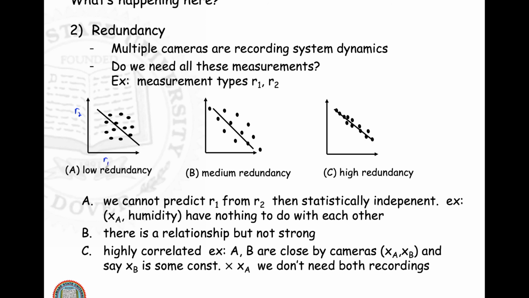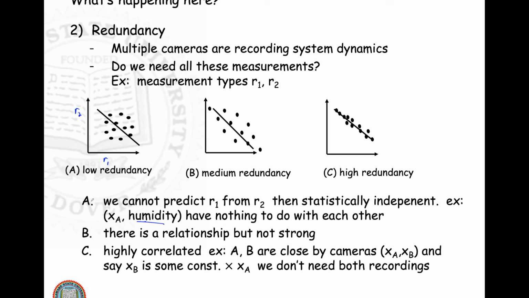If we can, that means they're statistically dependent. Conversely, if we cannot predict R1 from R2 or R2 from R1, then they're statistically independent. For example, the position of the camera along XA has no bearing on the humidity in the room. They have nothing to do with one another, therefore independent.